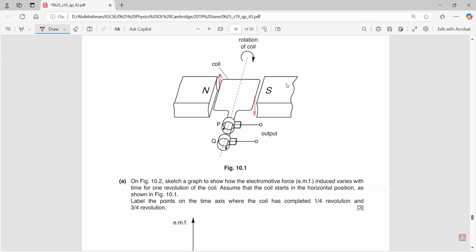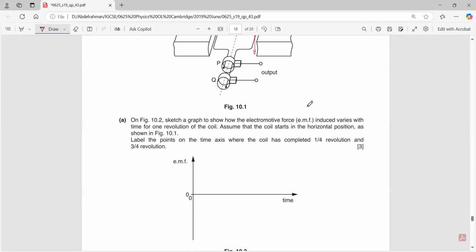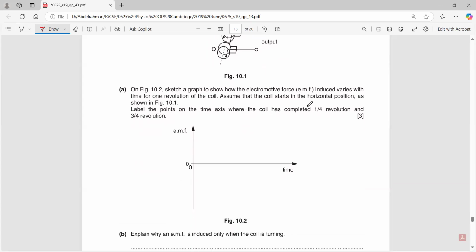When it cuts the field perpendicularly, it gives off the maximum output. So at the horizontal position it's giving off the maximum output, so you need to start the graph at the maximum.